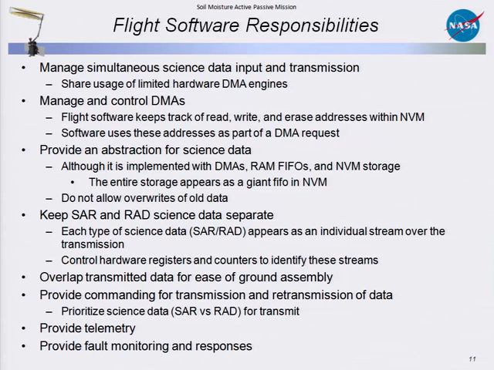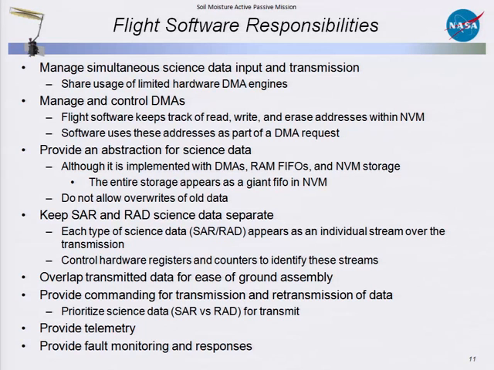So a little more on the responsibilities of flight software in this case. As I mentioned before, this is all high-rate data, and all this has to happen simultaneously. Now, of course, in hardware, there's a limited number of DMA engines.